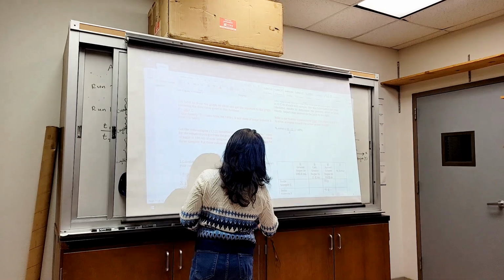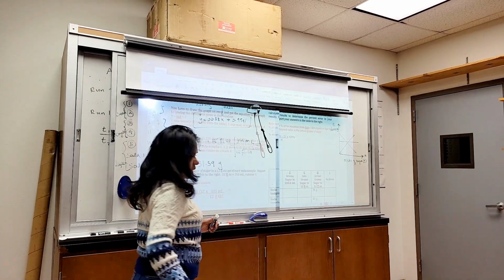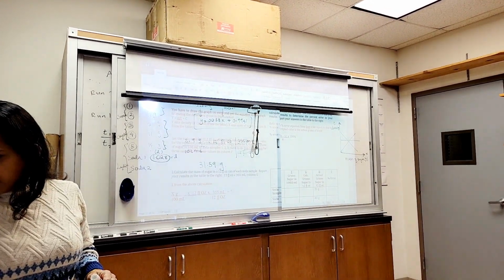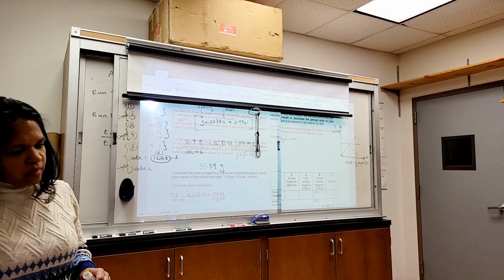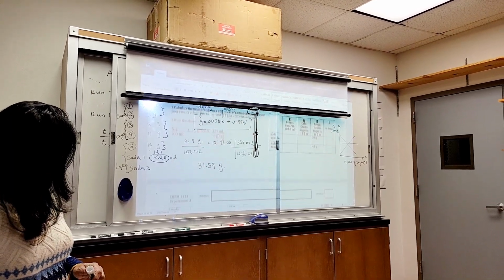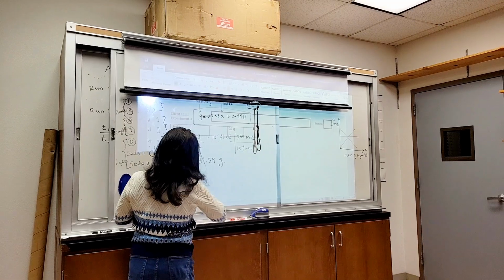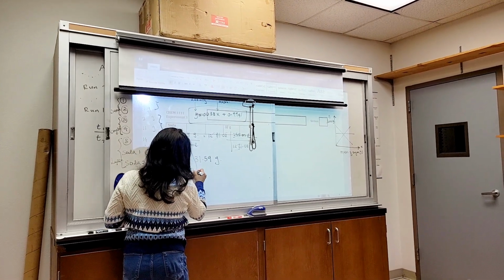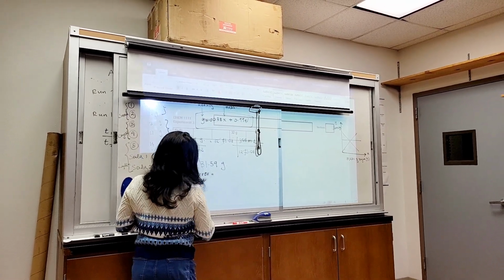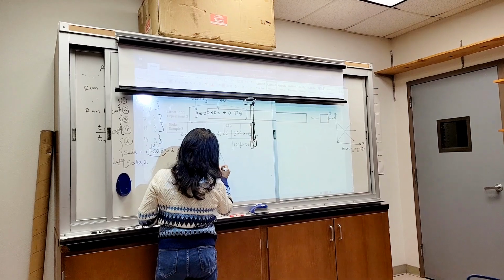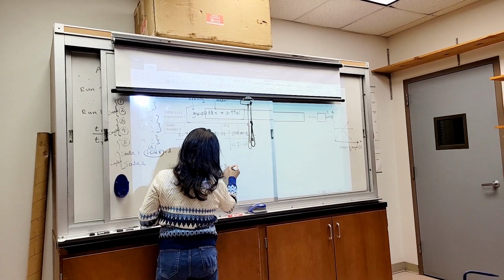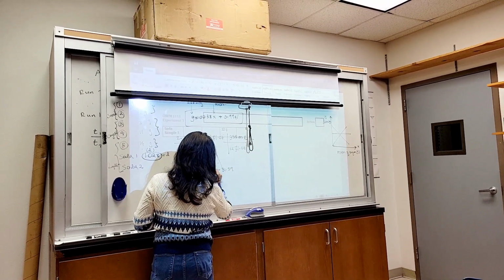So if you use that, let me write the percent error. It is going to be the actual, which is 39, minus 31.59.